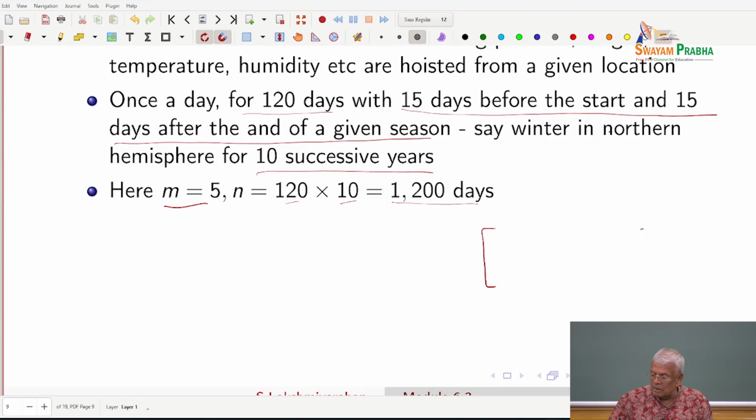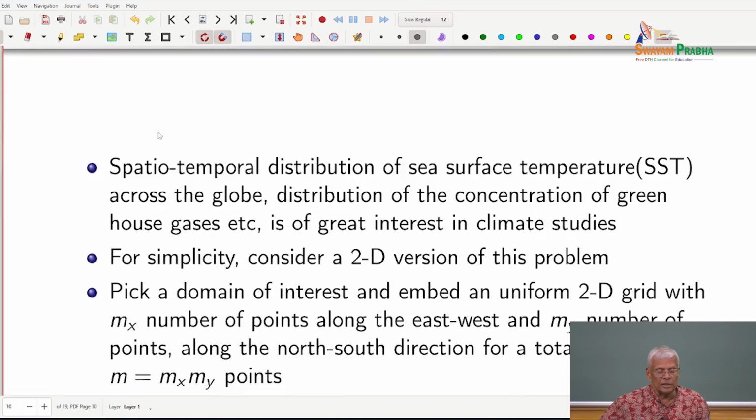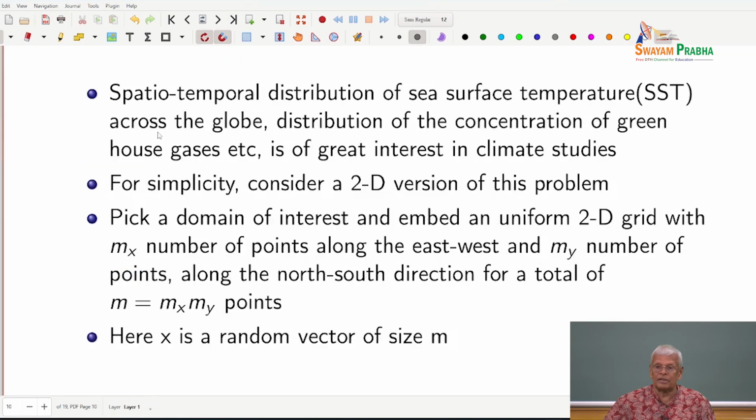So now you can see I am going to have a broad matrix, 1 to 5 by 1 to 1200. This is the matrix of interest in meteorological, weather-related analysis.